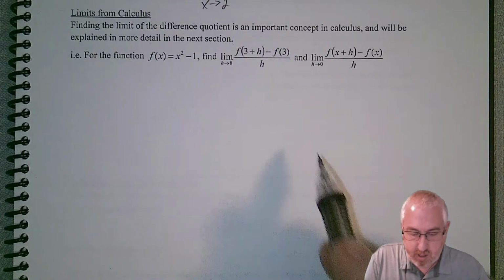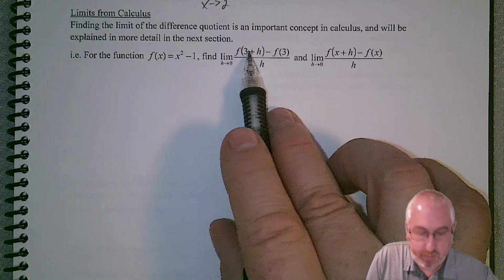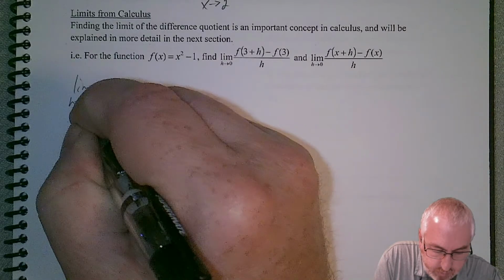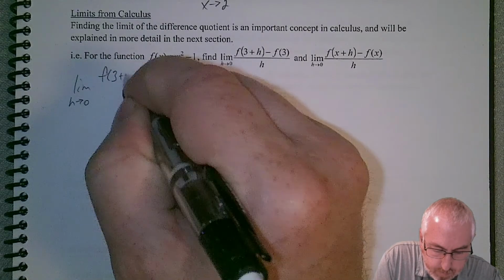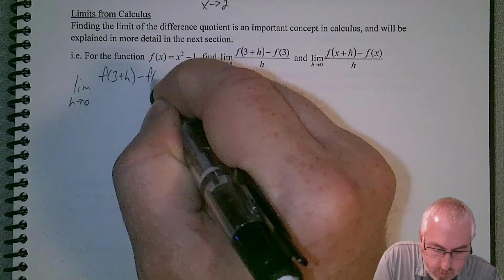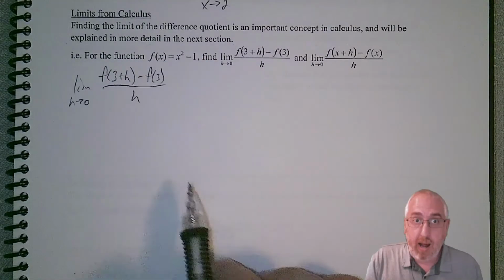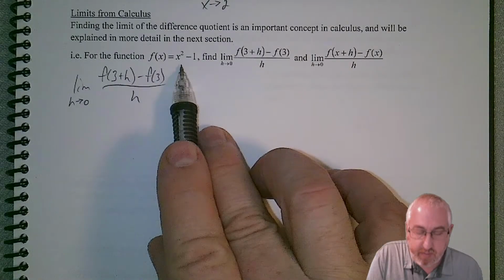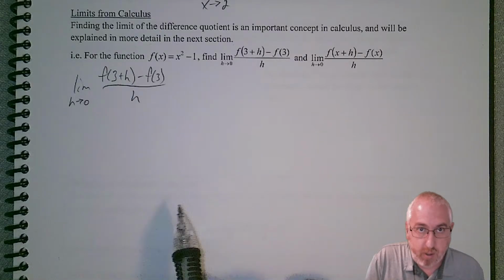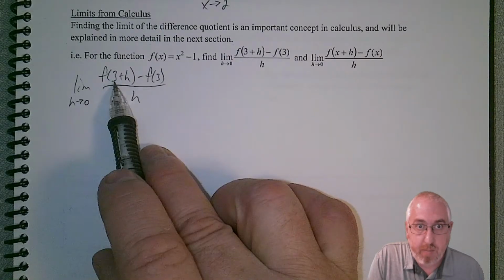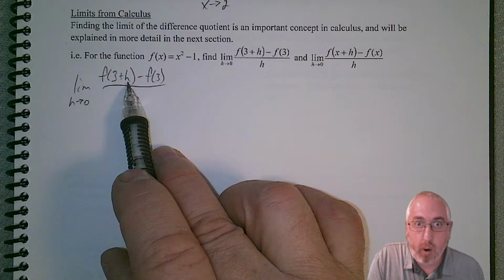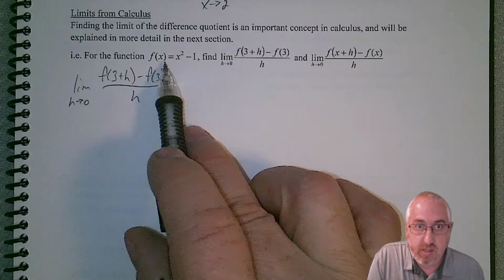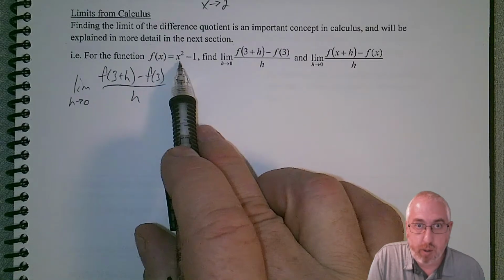Let's start with the first one where we have the constant 3 in there. So let me just first rewrite it. So now we just got to make sure we substitute in everything correctly so we know what f of x is. So let's make sure we plug in our expression correctly. So we want to plug in 3 plus h for x everywhere there's an x in our function. So we're going to replace this one, which means we have to replace this one.